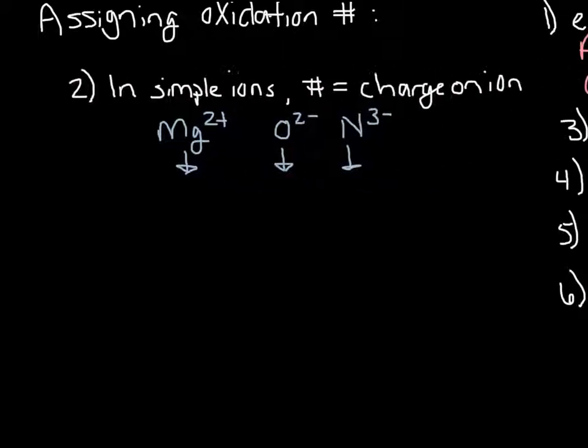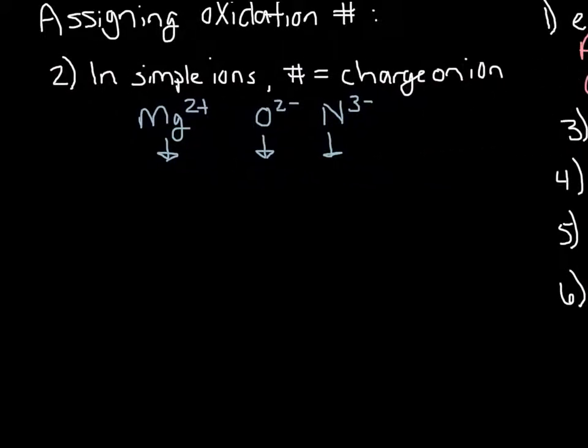Second step. In simple ions, like in ionic compounds, the oxidation number is the charge of that ion. So here we have a variety of examples. Magnesium with a 2+ charge. That 2+ charge means it also has an oxidation number of +2.